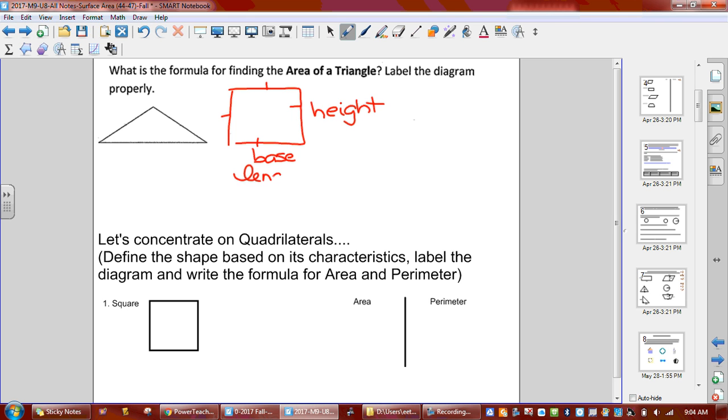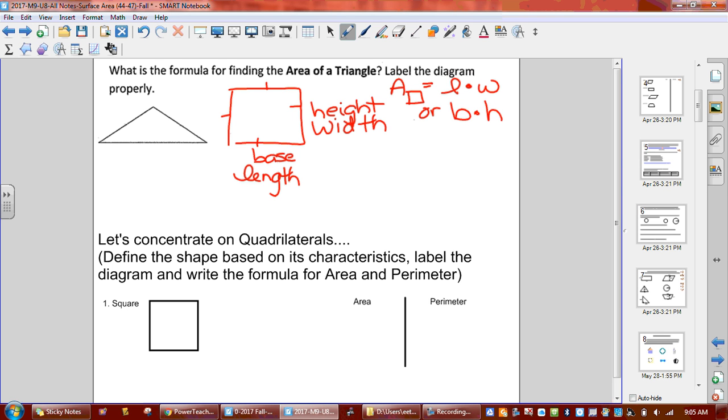Okay, they are interchangeable words. So the area of my square, and I put my little square there so I know it's area of the square, is going to give me length times width, or base times height. Okay, whichever you prefer. They both mean the same thing.